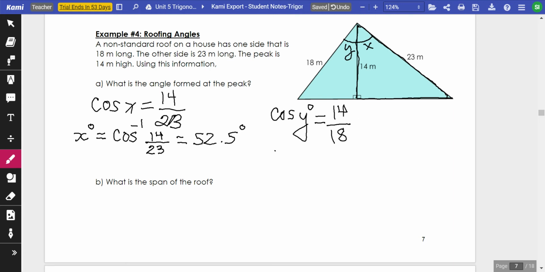And you're going to find the angle again by using your inverse cos function. And that equals 38.9 degrees.